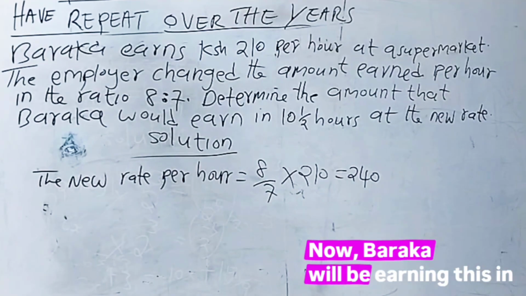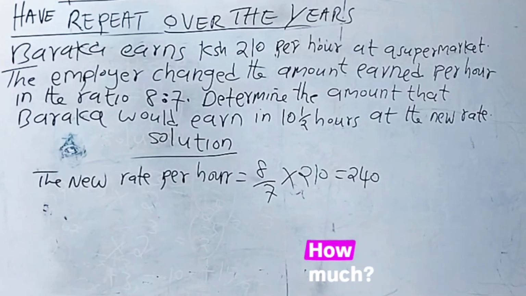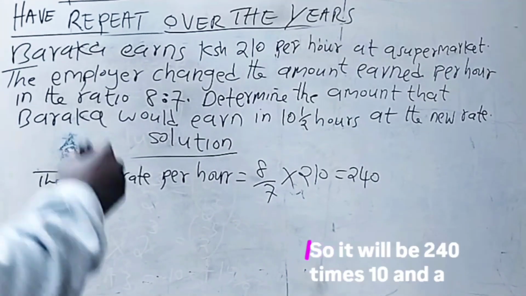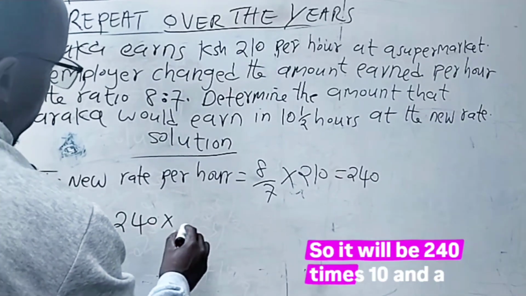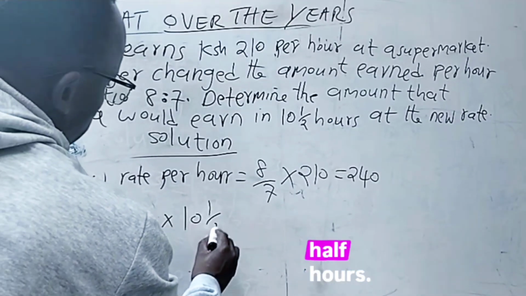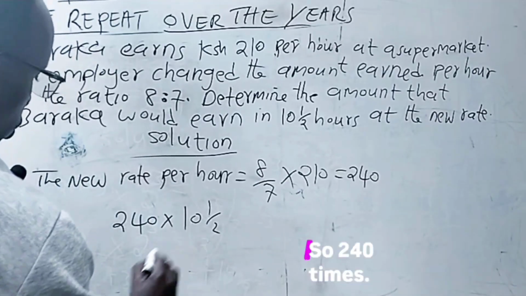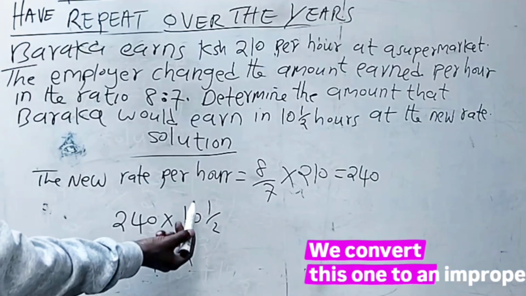Now Baraka will be earning this in 10.5 hours. What's the total amount? So it will be 240 times 10.5 hours. So 240 times, we convert this one to an improper fraction.